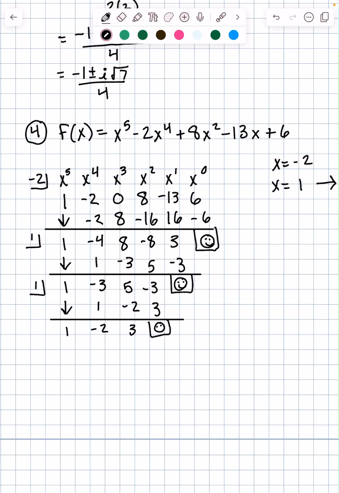And then from here, we could do guess and check and plug in 1 again, or let's just go ahead and write this as a quadratic and solve the way we know how to.